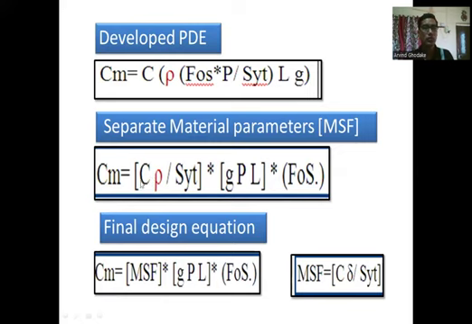So Cm is equal to C into rho divided by SYT into g into P into L into factor of safety. So the final design equation will be Cm is equal to material separation parameter or factor MSF into g into P into L into factor of safety. Therefore, the material parameter will be calculated by using the formula C into rho divided by SYT.